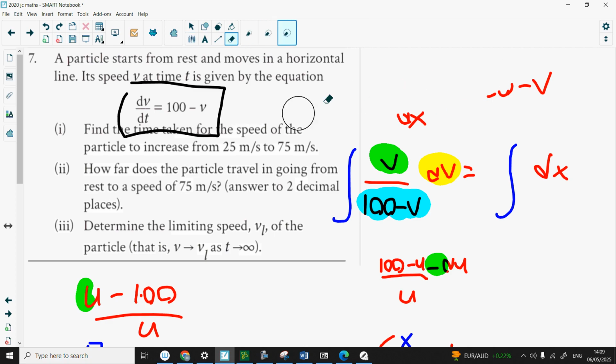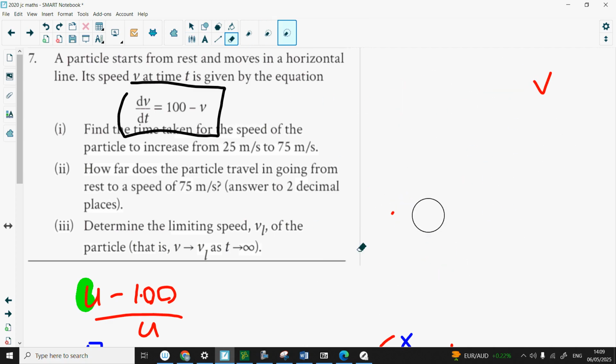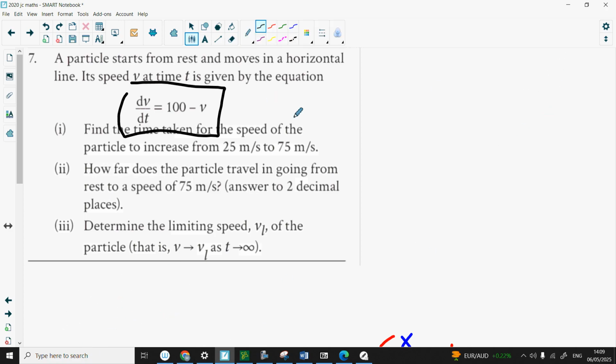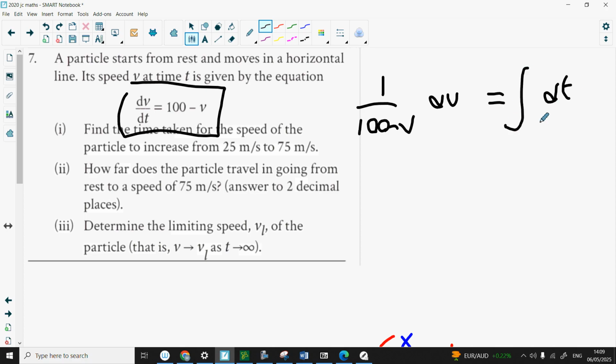Does anybody remember what we did earlier with part 1? We found out that it was 1 over 100 take away v, dv equals dt. And technically I can go from 0 to infinity if we want, can't we? For the time being, I won't go straight to infinity. It just seems weird. I'll go to t.